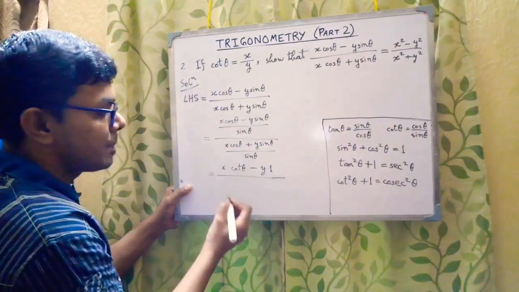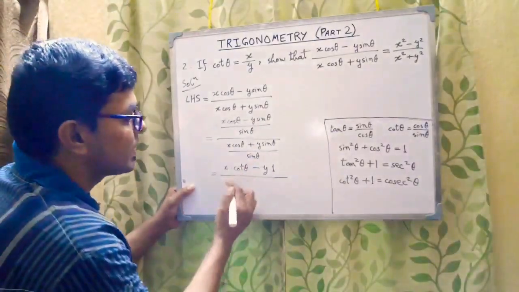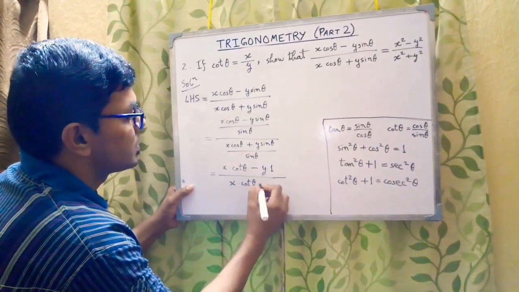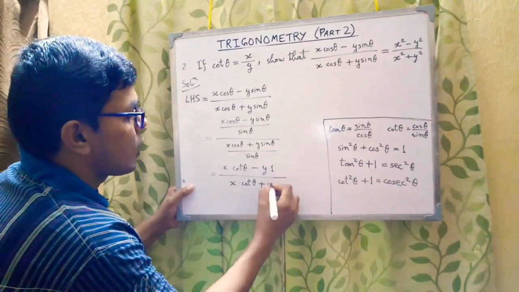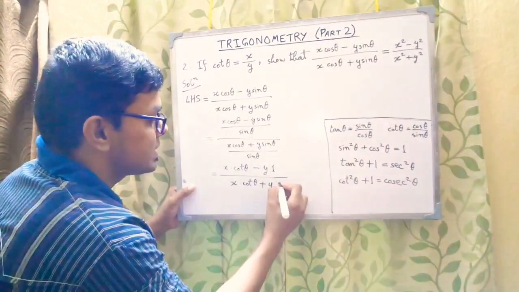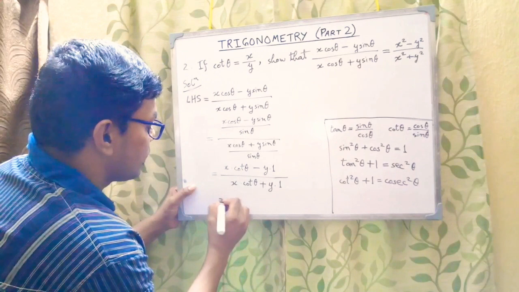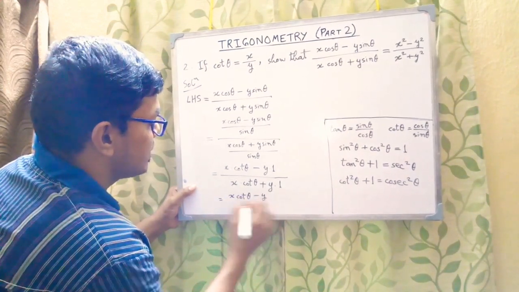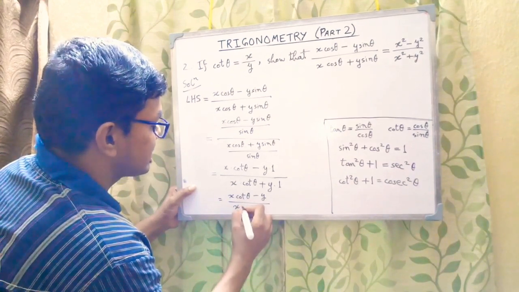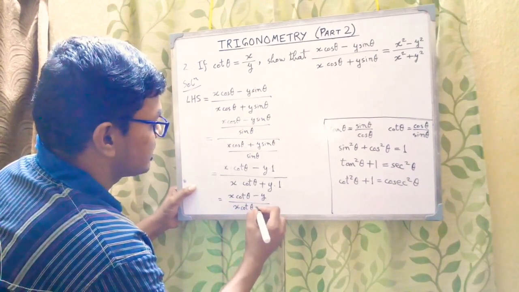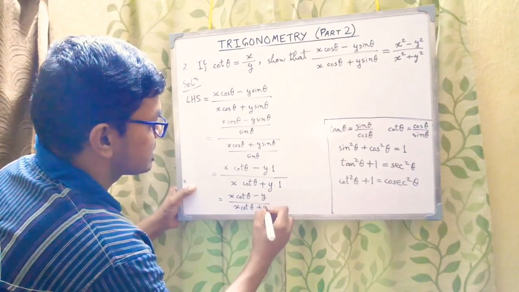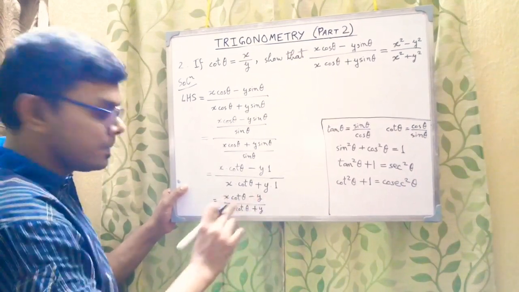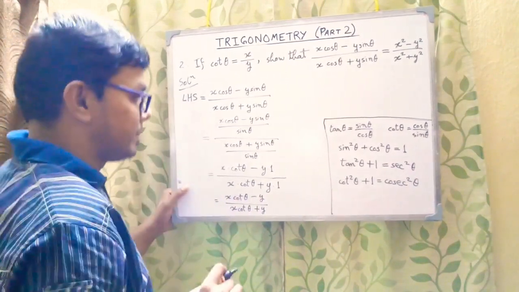Similarly, it happens in the denominator, x into cos theta by sin theta, that is x into cot theta, plus y into sin theta by sin theta, that is 1. So what we get is x cot theta minus y by x cot theta plus y. I'm sorry if I said 1 there.